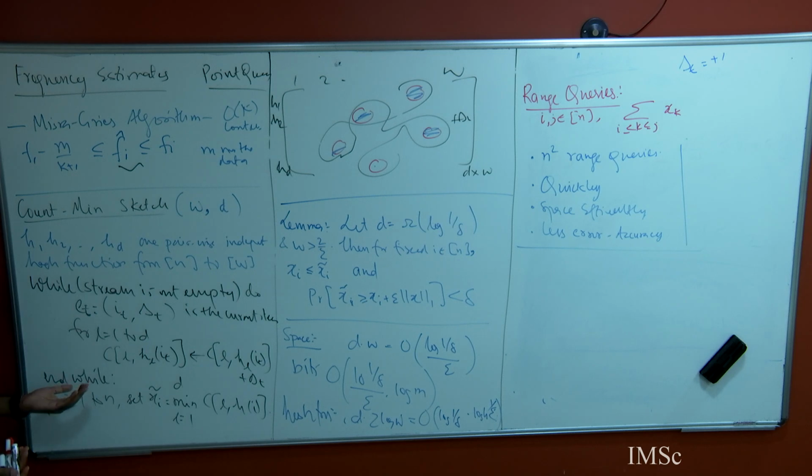So fine, I have maintained all this, but what is the problem? I want range queries also to be at most epsilon times the norm of the whole thing. There is no way I can.